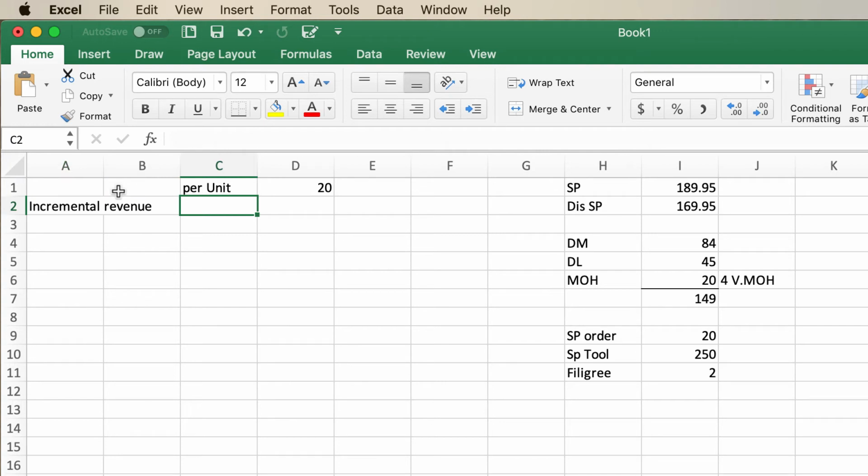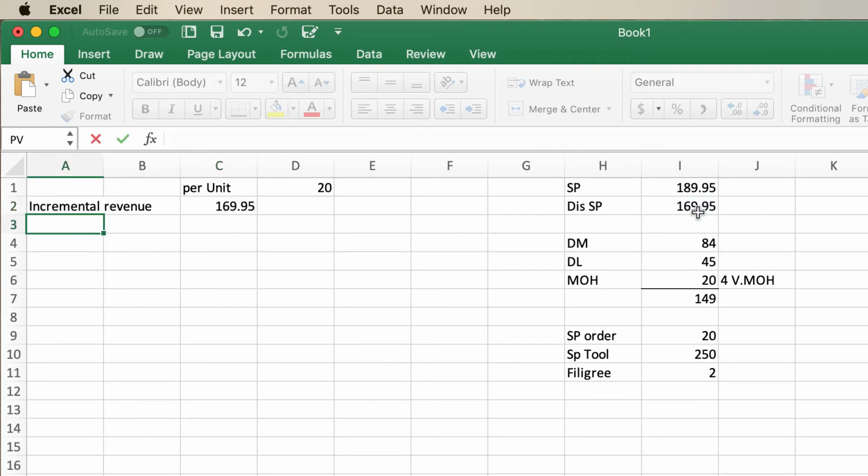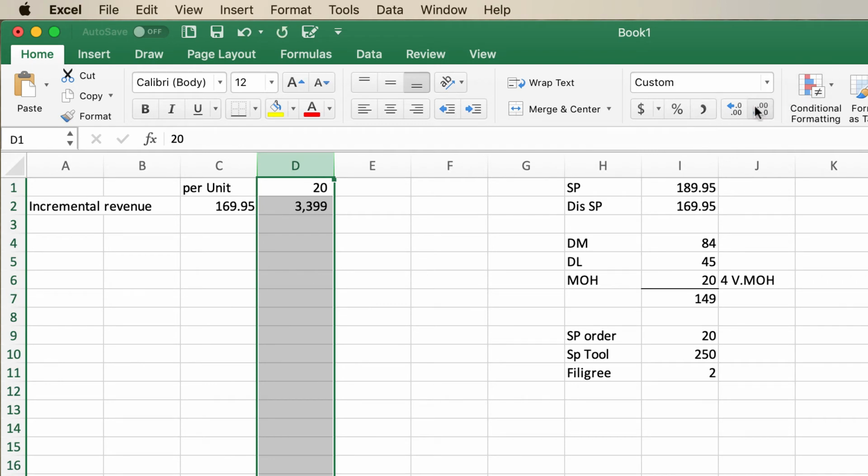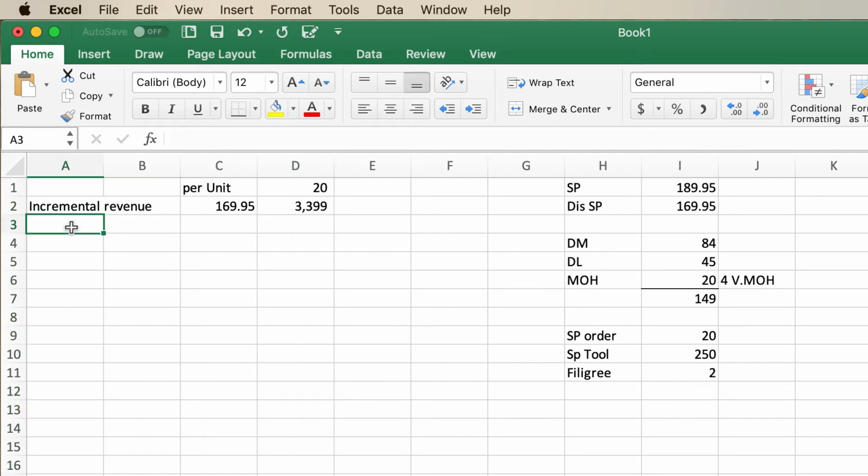The incremental revenue is going to be the 169.95 per bracelet. And then if we multiply that by the 20 bracelets that we have, we end up with $3,399. Okay, good. Now we need to look at the incremental costs.